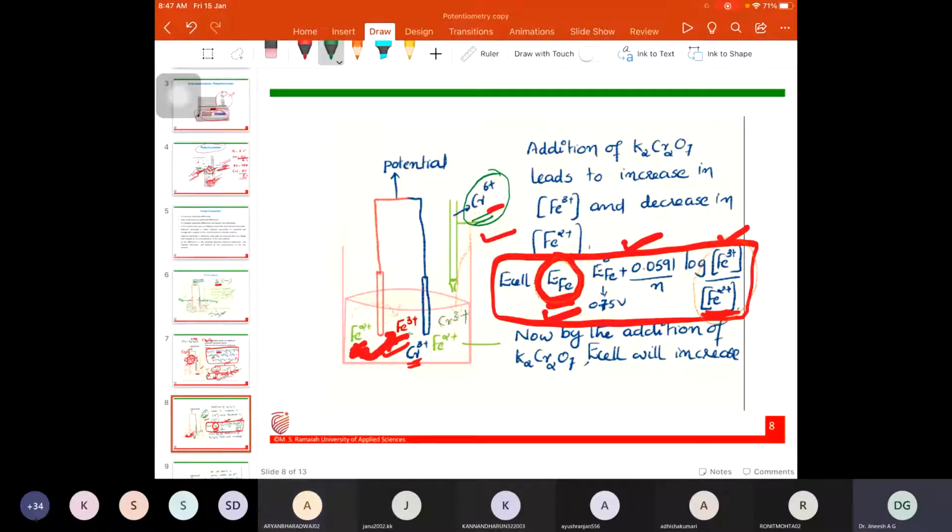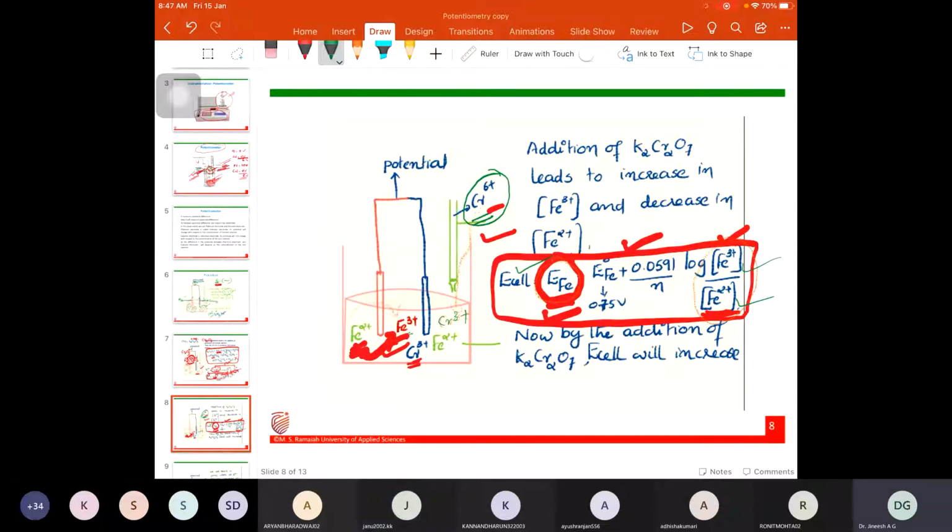Fe2+ again decreases, Fe3+ again increases. Potential increases. Again, potential increases. So whenever you are adding potassium dichromate, the potential increases due to the conversion of Fe2+ into Fe3+. Clear?